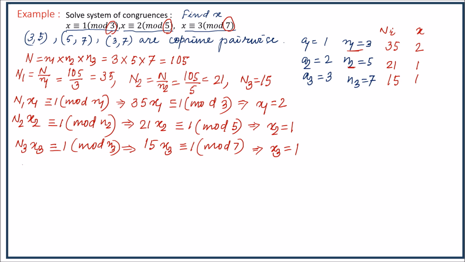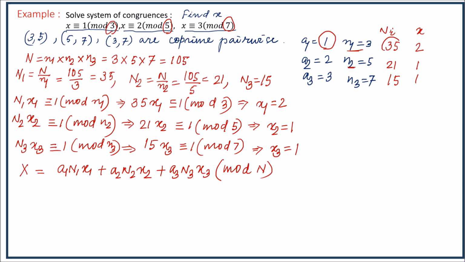So 2, 1, 1. Then what to find? X. X is equal to the summation of A1 N1 X1 plus A2 N2 X2 plus A3 N3 X3, whole modulo N. So let us multiply all the things.